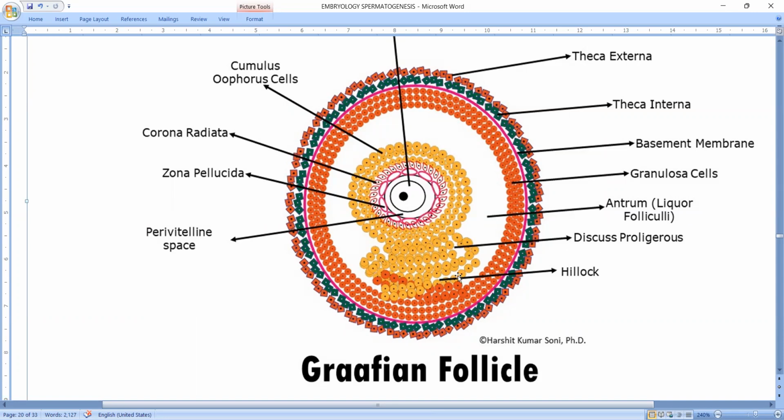Where this discus proligerus meets the stromal cells, that region is called hilum. Okay, this is hilum, and this cavity between the stromal cells and the cumulus oophorus is called antrum.